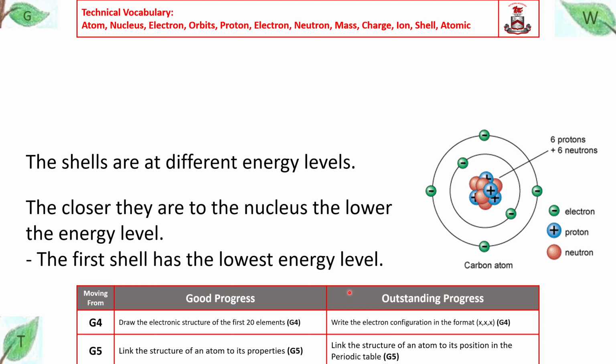So if you have to add electrons to a diagram, you start at the lowest energy level and work your way out. Whereas if you have to take electrons away, which happens if something turns into an ion, you start at the outermost electron shell and work your way in.